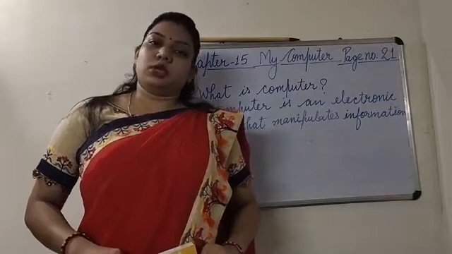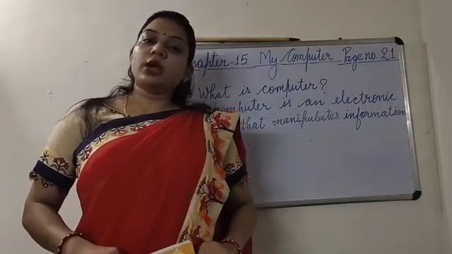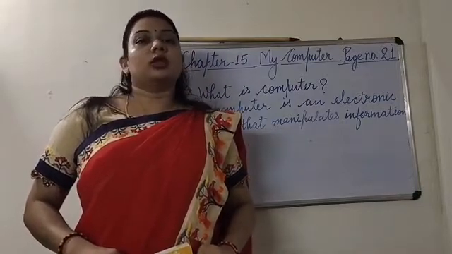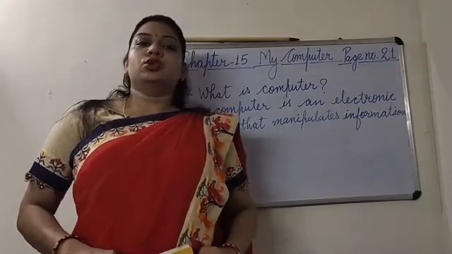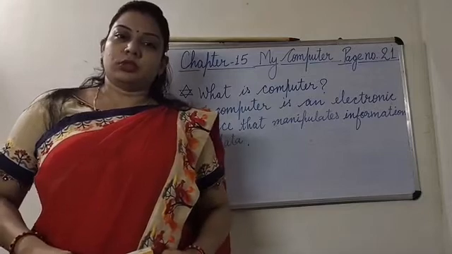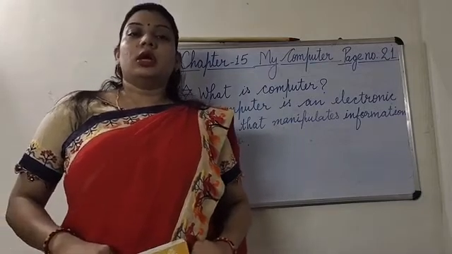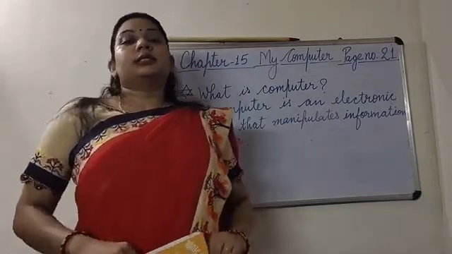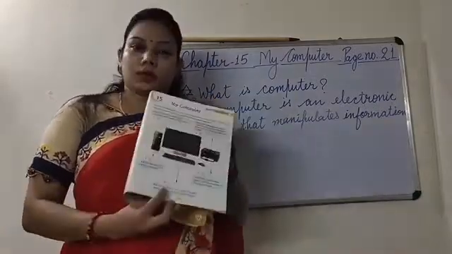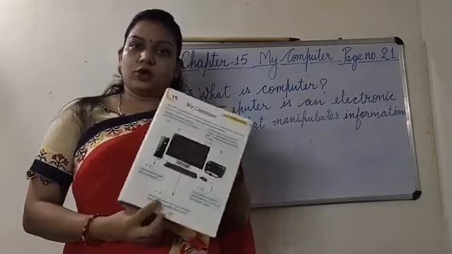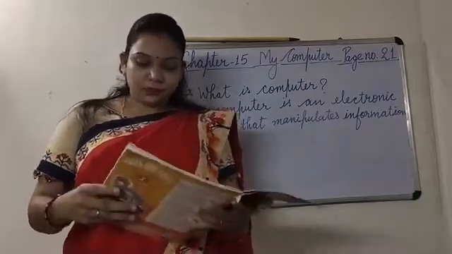Let's talk about the keyboard. I told you whatever we type, we can see on the monitor. We type anything through the keyboard. Keyboard is the fourth part of the computer in your book, correct?